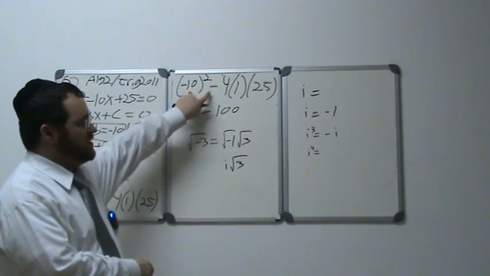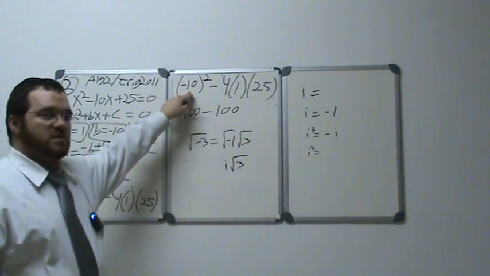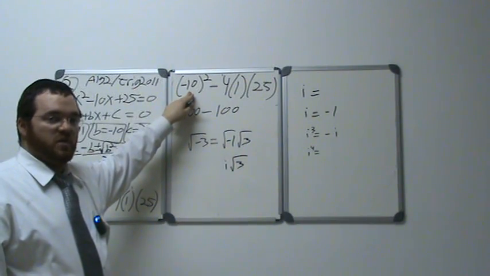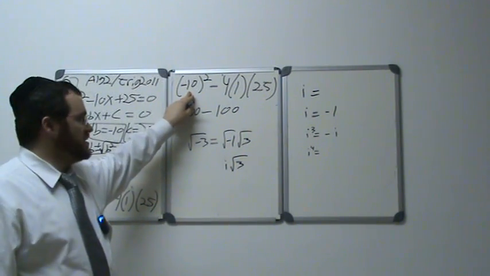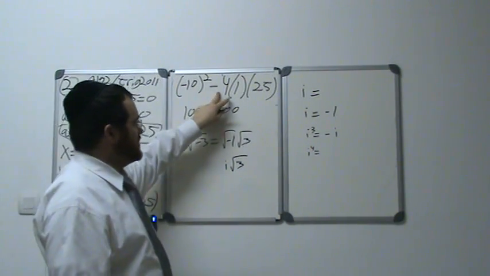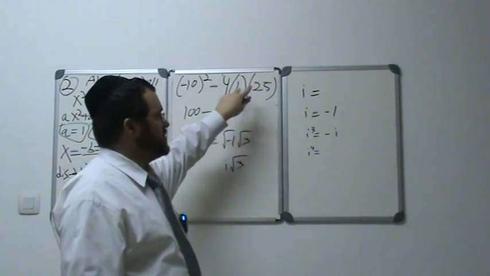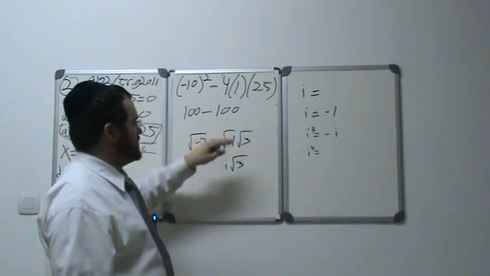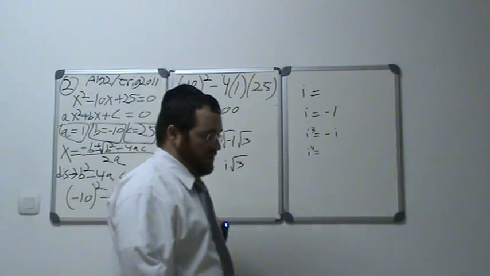Negative 10 to the second power is an even number of negatives multiplied together, which becomes a positive. So negative 10 times negative 10 is a positive 100. Minus 4 times 1 times 25 is 100. So 100 minus 100 is equal to 0.